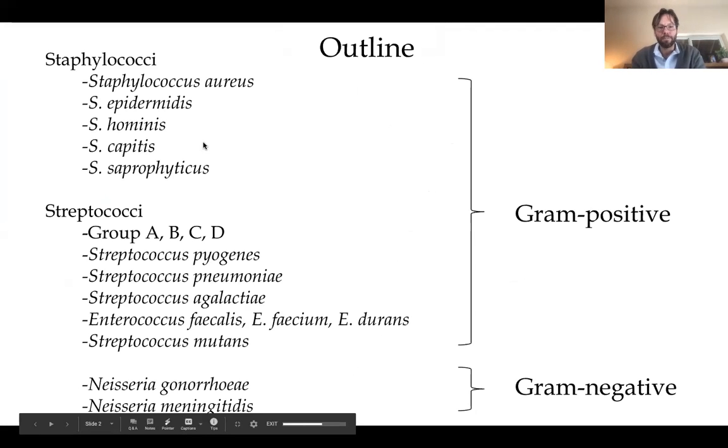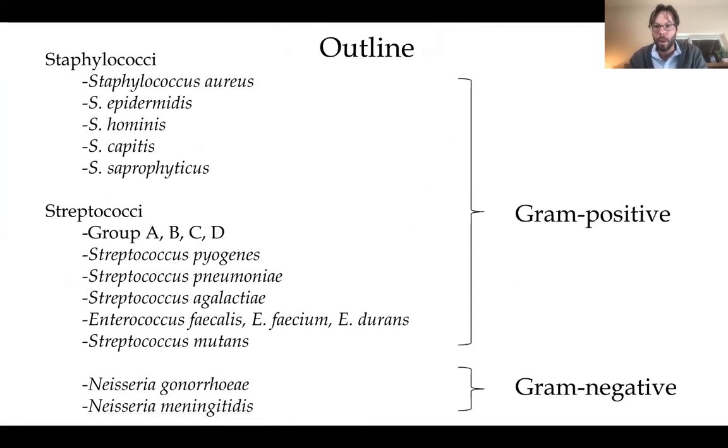This is the outline of everything we're going to talk about in this lecture. Okay, so we break down cocci bacteria, and remember, cocci is the circular shaped bacterial cell. And we break it down into staphylo, meaning clusters, and strepto, meaning strips or lines or tracts.